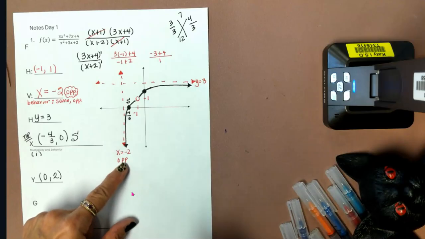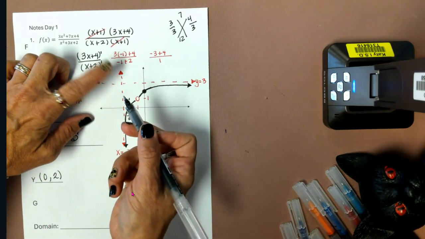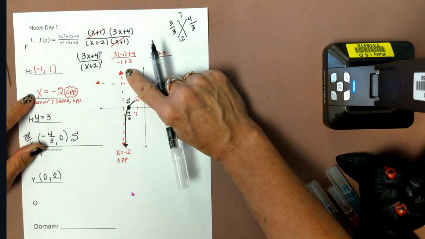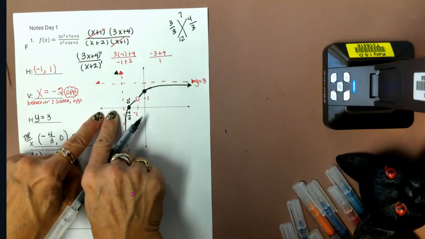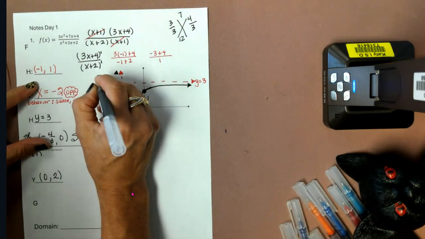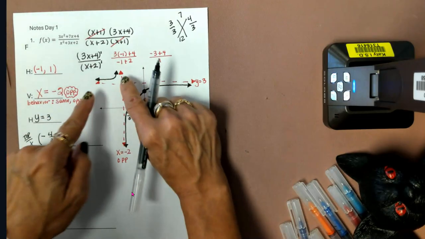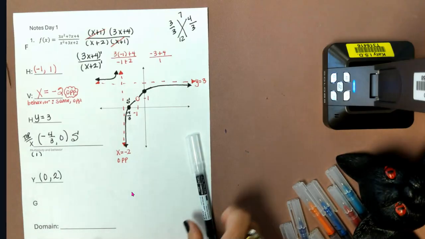But remember, graphs love asymptotes, so we're going to go to the top and draw an up arrow on the other side where we already drew the up arrow for this vertical asymptote. So we do have another little baby piece. We do not have any x-intercepts here, so all this little baby piece can do is just do what it does the best, which is hug asymptotes. And that is how you graph a rational expression or a rational equation.